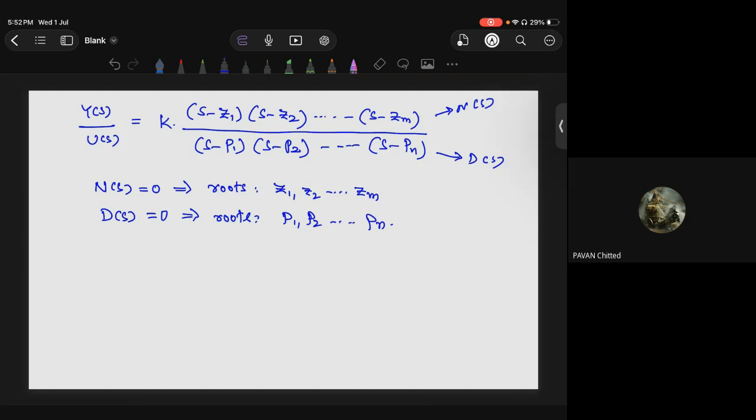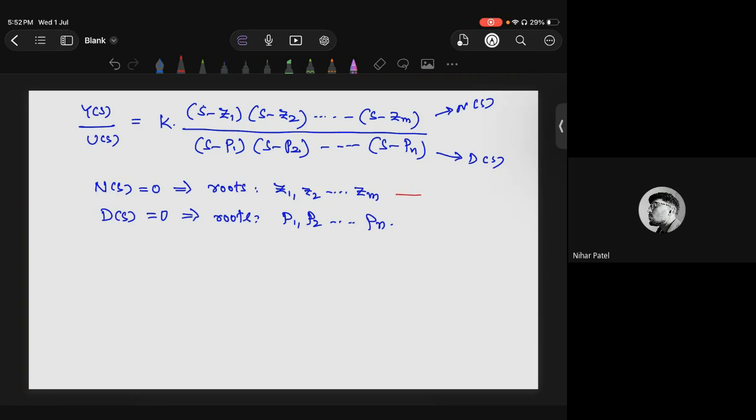Now suppose in place of s in the numerator, I substitute s equal to z1. What will happen to the entire equation? I don't touch the denominator, just the numerator. It will become 0, correct?